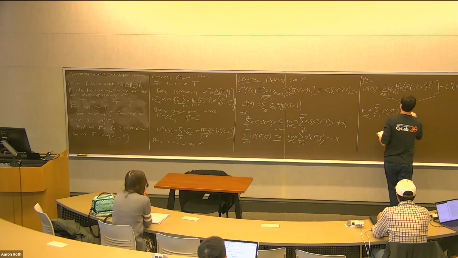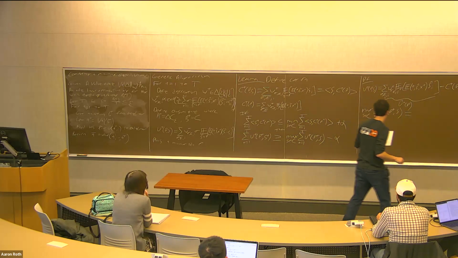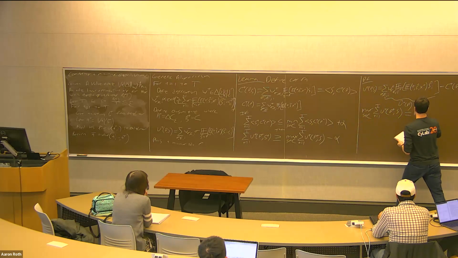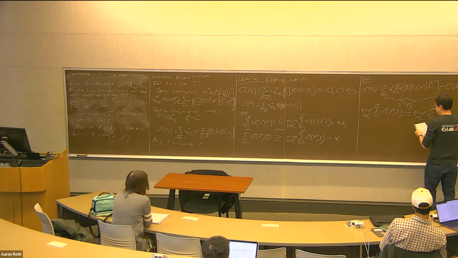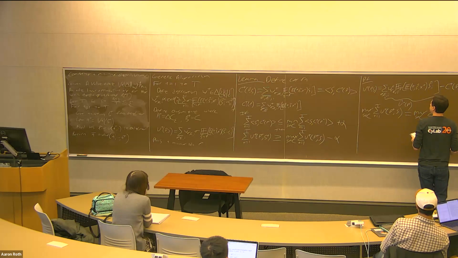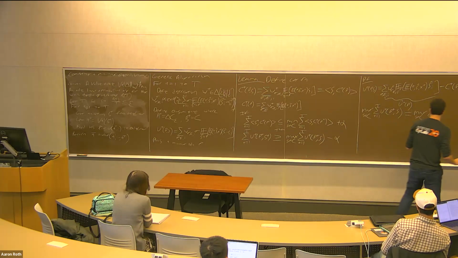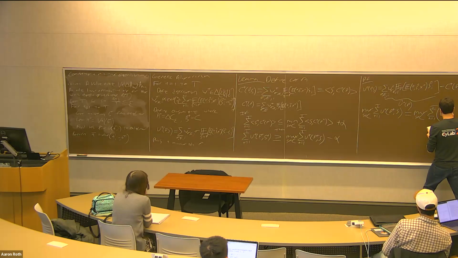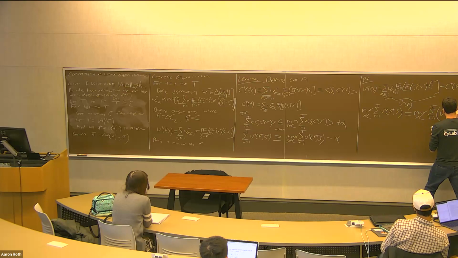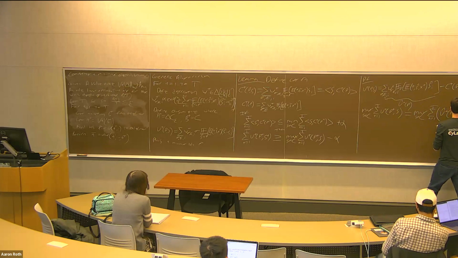Now we know from this decomposition that we can write this as the maximum over all of the adversary's actions of the sum over all of the rounds of this utility function, which we now know can be decomposed as the difference between two components, U hat of T and CT.